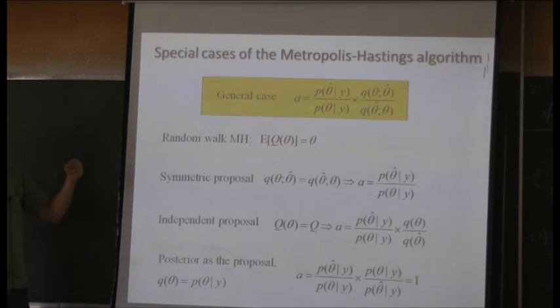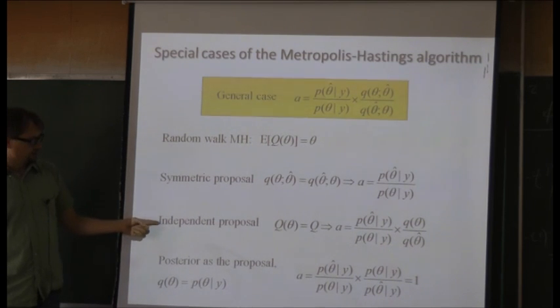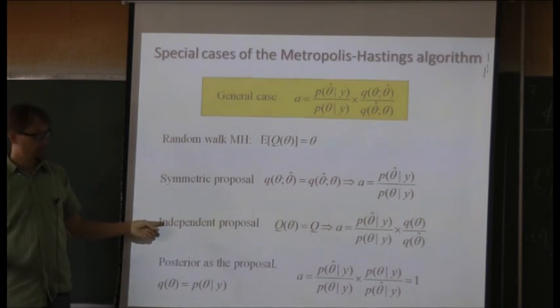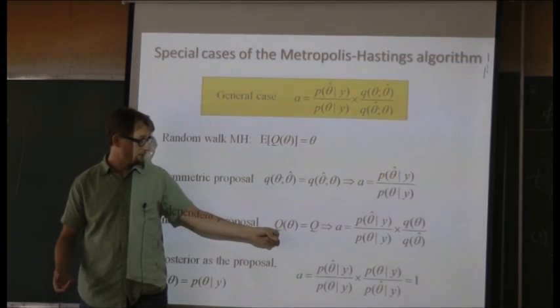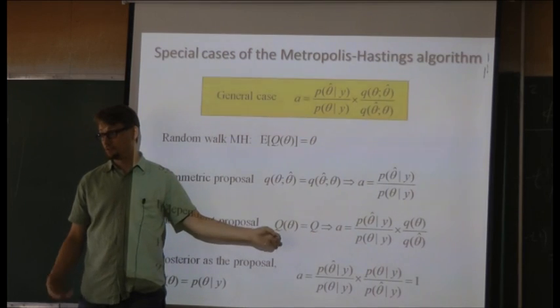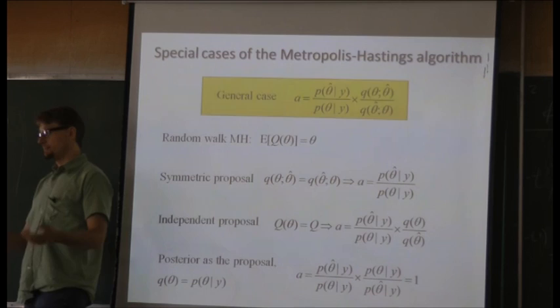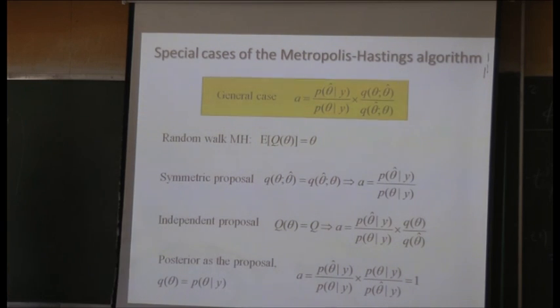The opposite end of the continuum is the independent proposal. If you are using an independent proposal, then this proposal distribution does not depend in any way on the present value. So let's say that independently of the current value of this parameter, I always propose the new value from a normal distribution with mean 0 and standard deviation 5.